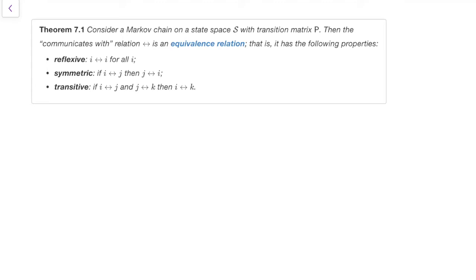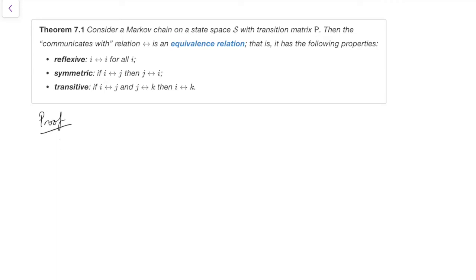You have to be reflexive, symmetric, and transitive. Reflexive, meaning that i double arrows itself. Symmetric, meaning if i double arrows j, then j double arrows i. And transitive is the kind of step-through property: if i double arrows j and j double arrows k, then you can shortcut out the j and say that i double arrows k. Okay, so let's have a go at proving this then.